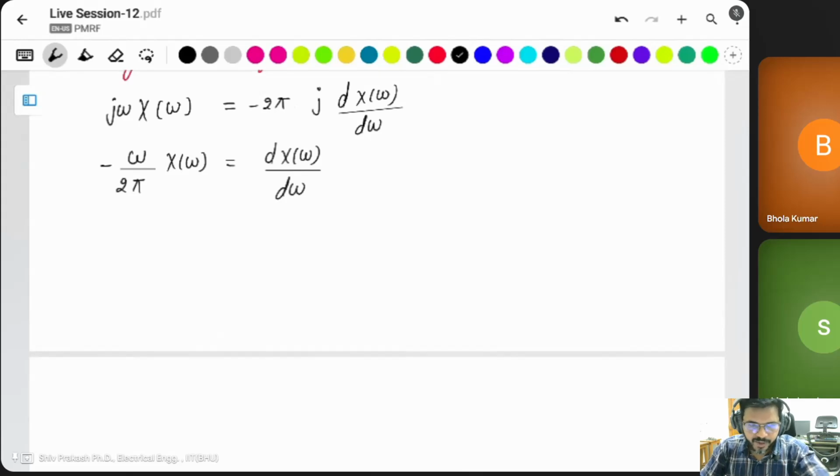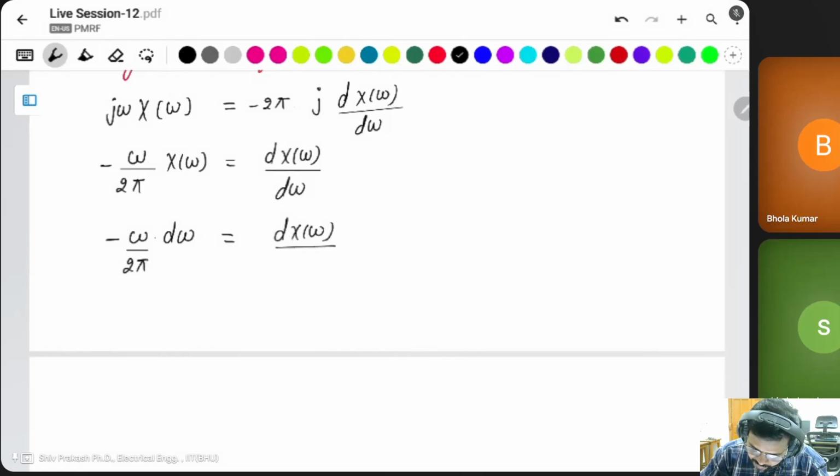This will be 1 by 2 pi, minus of omega into d omega is equal to dX(omega). You can transfer d omega to the other side and X(omega) on the same side.